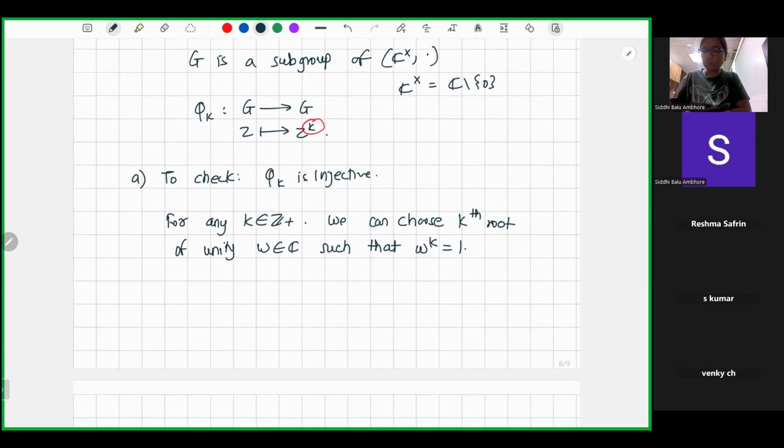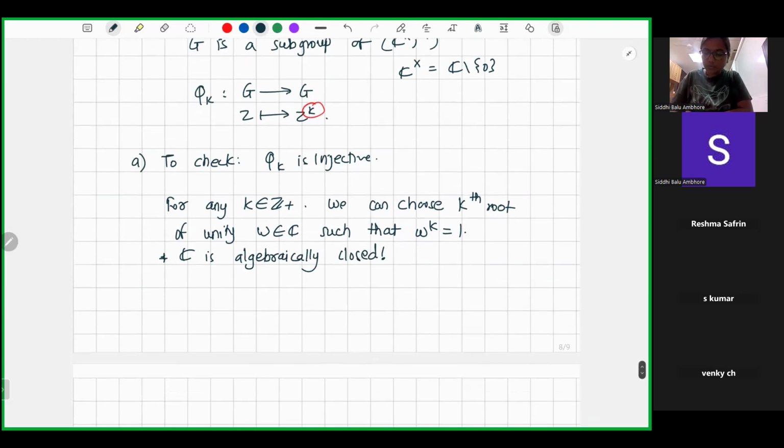If you do not know what a kth root of unity is, we at least know that C is algebraically closed. So if I want to check injectivity, I need to find an element whose power becomes 1. So take the polynomial p(x) equals x power k minus 1.